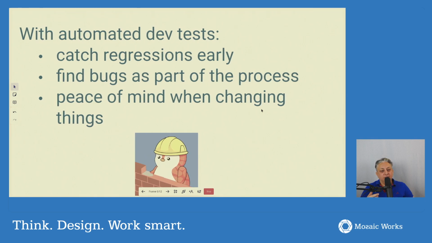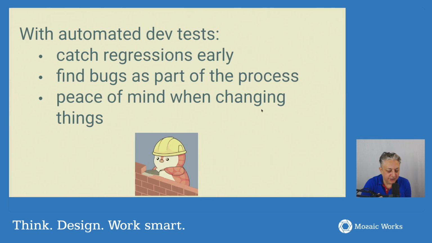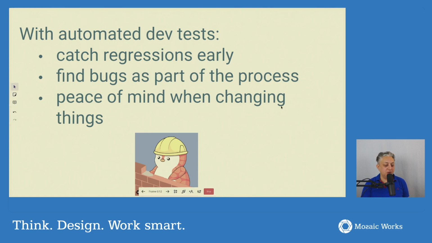Okay. So if we are writing automated developer tests, there are a few advantages. One, catch regressions early, particularly if we have 100% coverage or close to 100%.